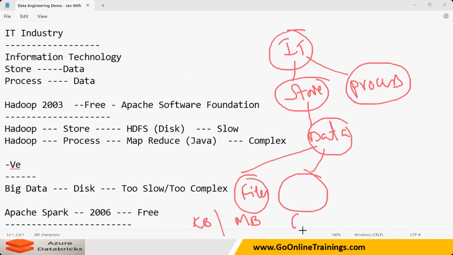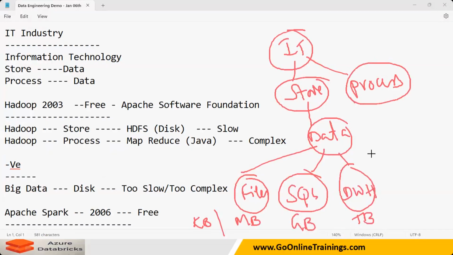If the data is in GBs, the IT industry is going to be using a technology called SQL. That is what I told you yesterday. And if the data size is in terabytes, the IT industry invented one more technology called data warehouse.